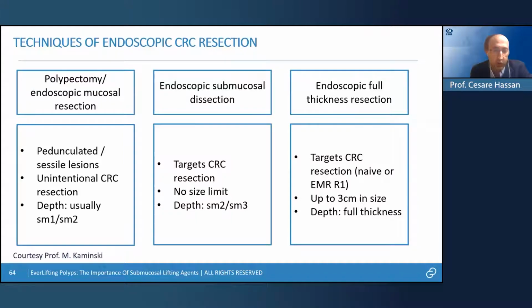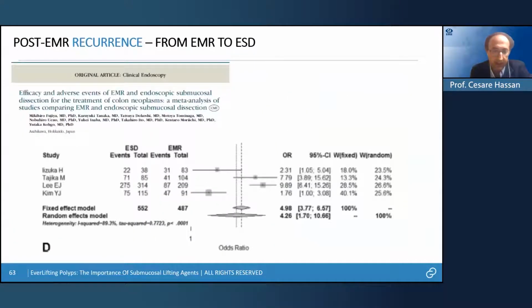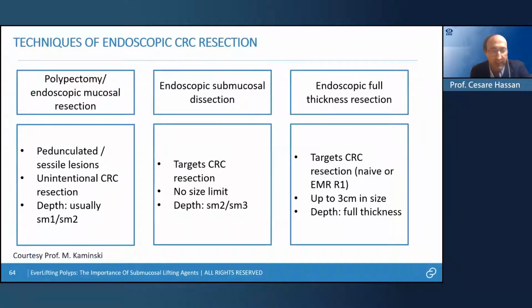This is to show that a good way to reduce recurrence is to use ESD, because as Evelyn anticipated, the rate of R0 is extremely high. But I fully agree with Evelyn that the main choice of ESD is not to reduce recurrence, but only to oncologically be radical when you have a clear suspect of cancer.